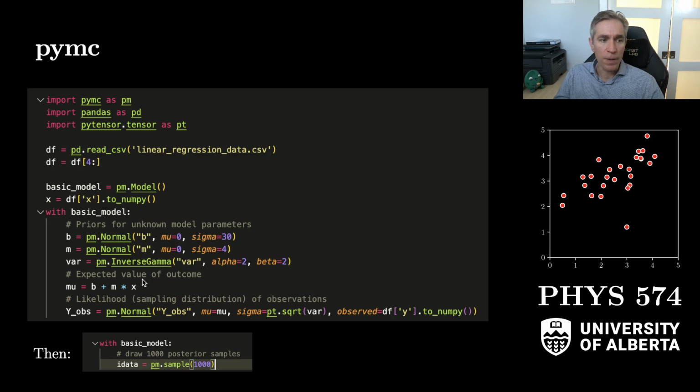So from there, we say, all right, the mean, mu, is going to be some algebraic combination of B and M and the data x. We just set that down.